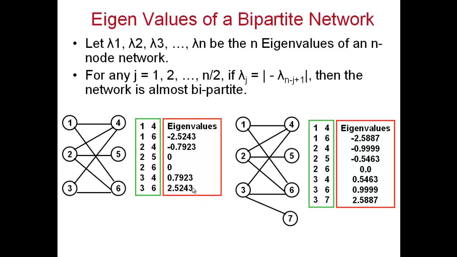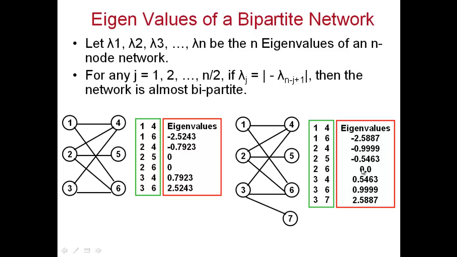Now you may be wondering, what about a graph with an odd number of vertices? That's what I have shown here, and these are the eigenvalues for this graph. So again, you have mirror images. For negative 0.5463, you have positive 0.5463. For negative 0.9999, you have positive 0.9999.